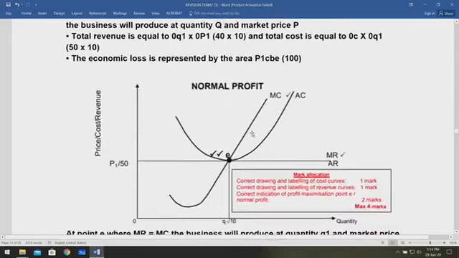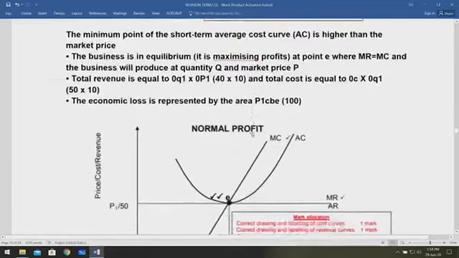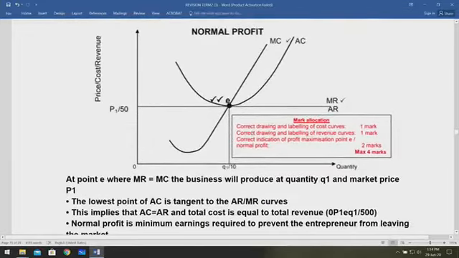And then the last one is they want you to show the normal profit. Again, 4 marks, and then 6 for the explanation. Okay? So again, you will start by explaining where MR equals MC. That's profit maximization. So that is where they will be producing.